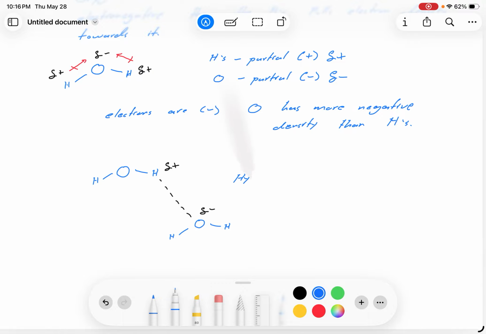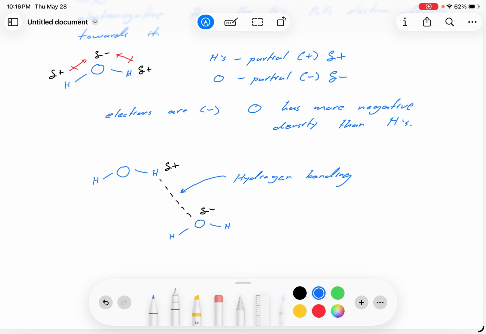So hydrogen bonding, which you will see plenty of as you continue taking chemistry classes. So you'll see a lot of this. It's best to get you familiarized with it now, so we can have a framework in your mind.